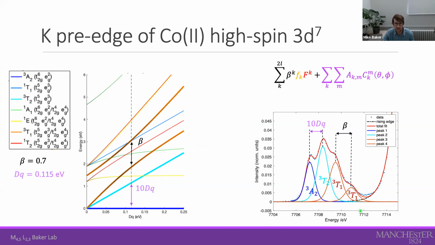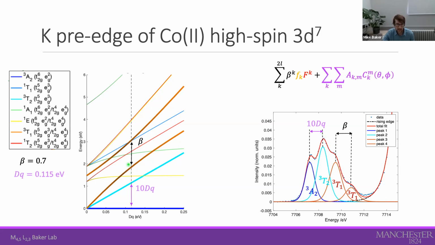So this means we can, just based off this energy level diagram, quantify directly the energy splittings and assign the transitions. The first two, as you can see, split from 0 on increasing Dq, which directly relates to the crystal field splitting, parameterized as Dq.